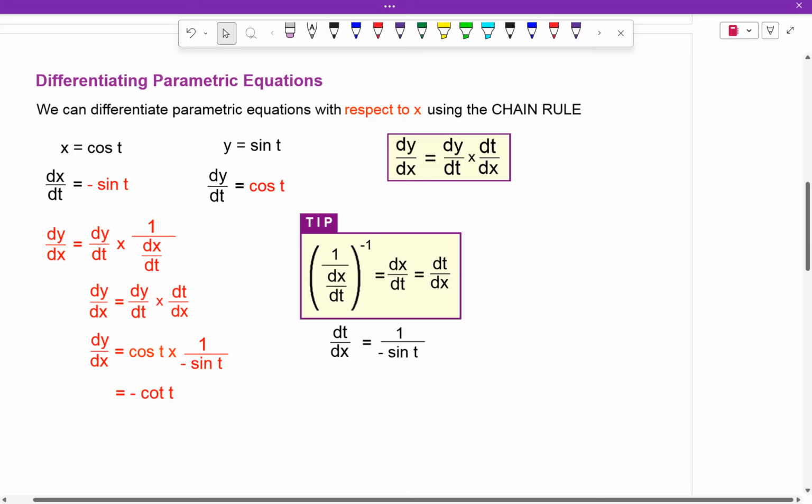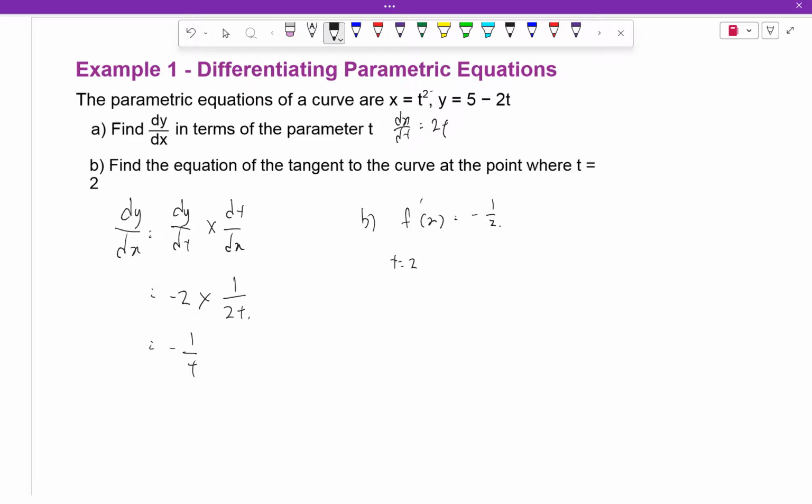And we do have the x and y coordinates, it's just not obvious. When t equals 2, x equals 4 and y equals 1. So you can use the gradient formula, or you can also use the y equals mx plus c form.